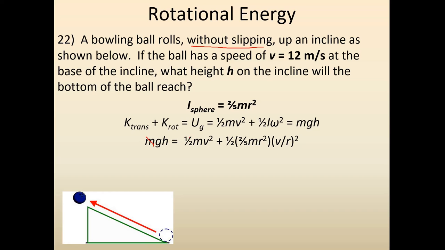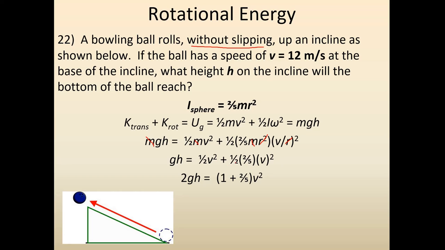I have a mass in all three terms. And on this right-hand side, I have an R squared and an R that's being squared. So I end up getting this. Now, you may notice I did something a little bit weird. You might be wondering, why am I not multiplying the 1/2 by the 2/5? I'll explain that in a second.